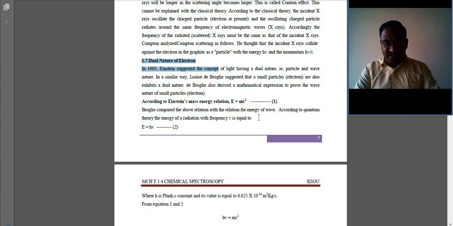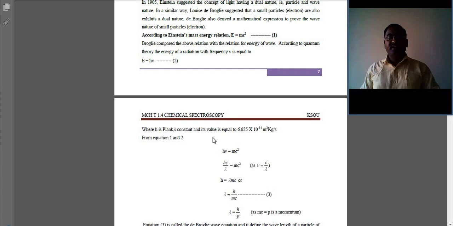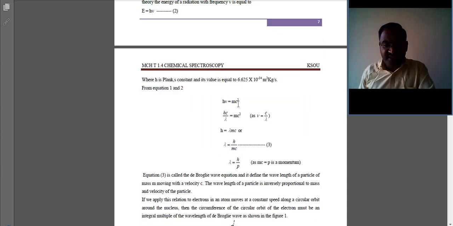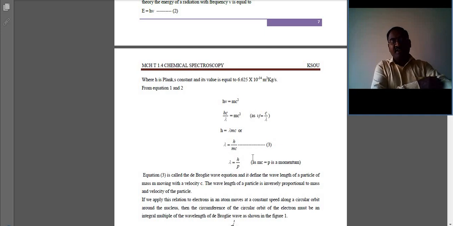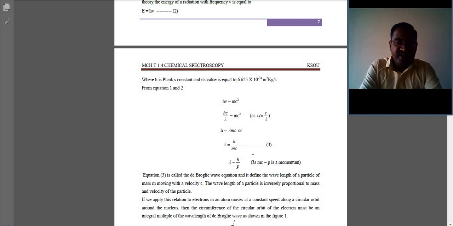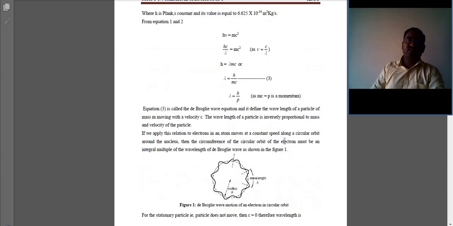According to them, Einstein's mass-energy relation is written as E = mc², and Planck's energy equation is E = hν. Comparing equations 1 and 2, hν = mc². Here ν = c/λ. Substituting, the c's get cancelled, so λ = h/mc, or λ = h/p. P is called what? That is momentum, the product of mass and velocity.